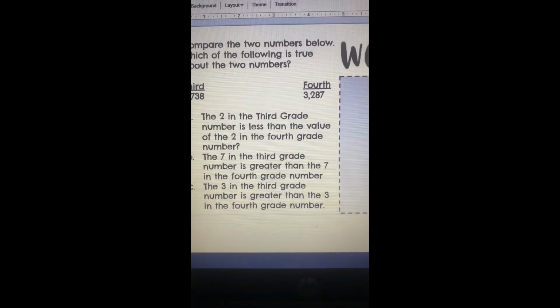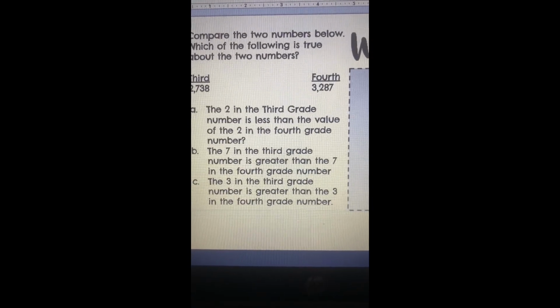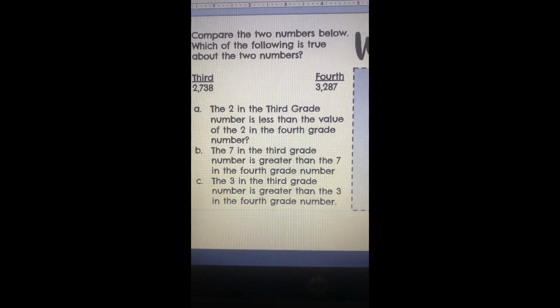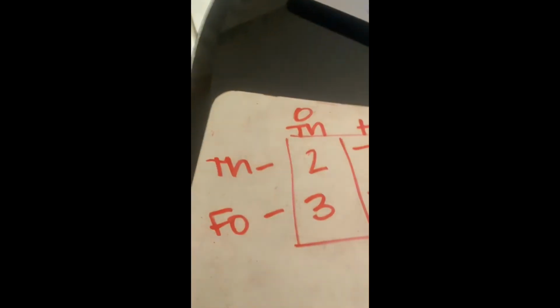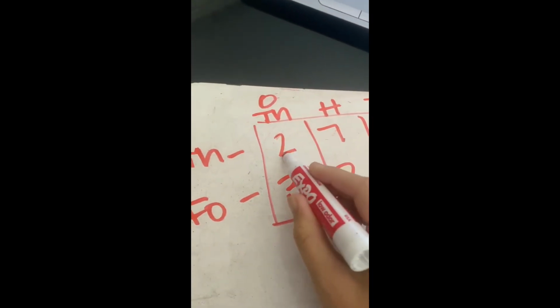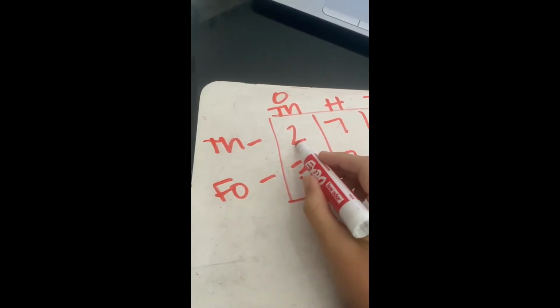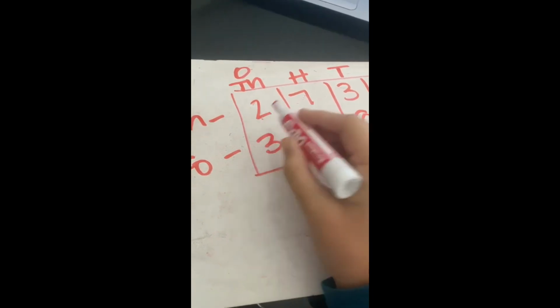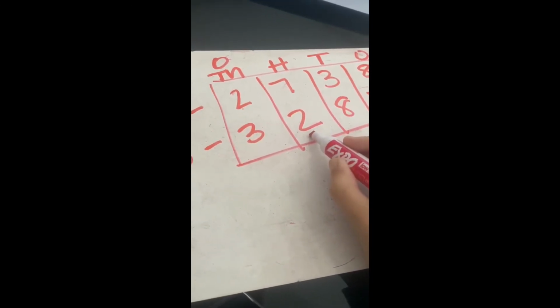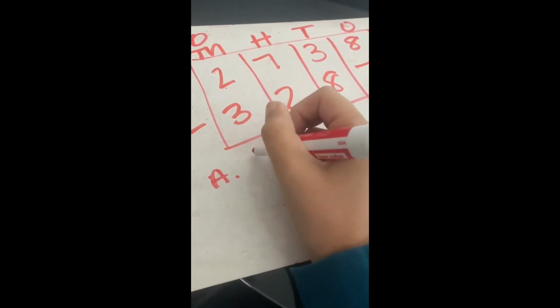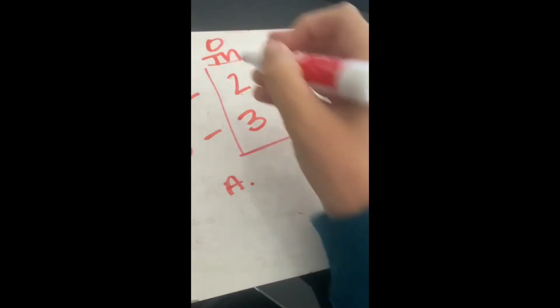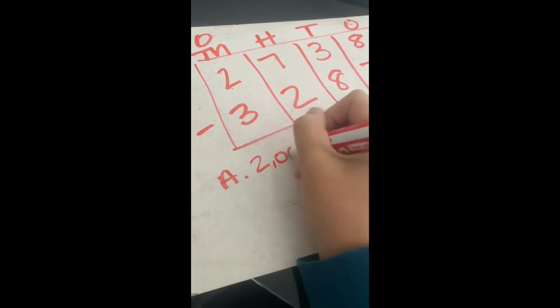A says the 2 in the 3rd grade number is less than the value of the 2 in the 4th grade number. So A, the value of the 2 in the 3rd grade number is 2 1,000, so it's 2,000.